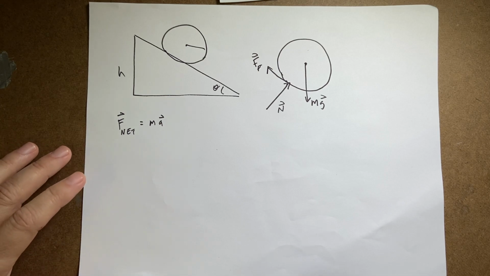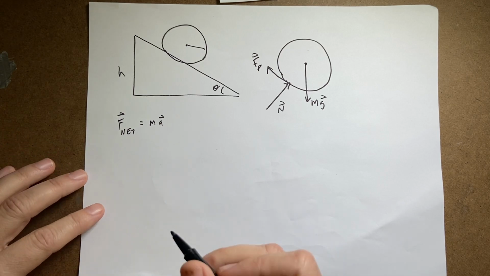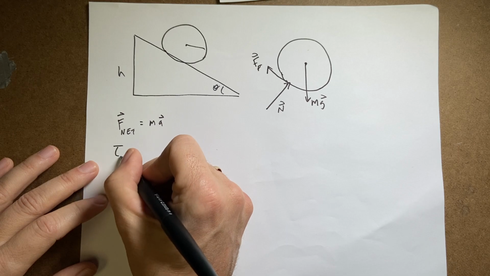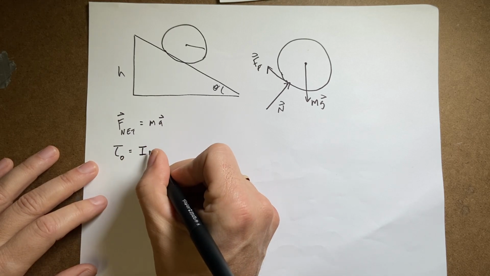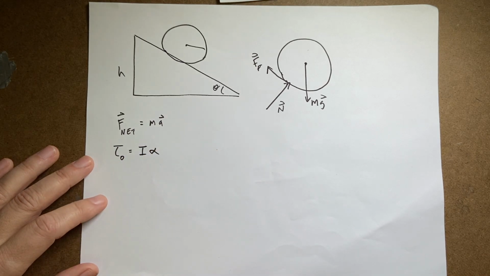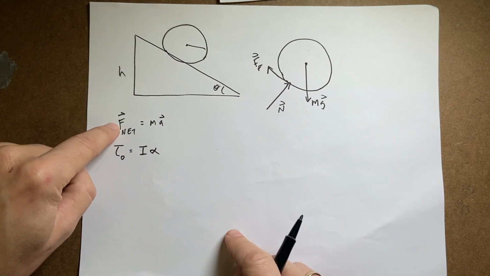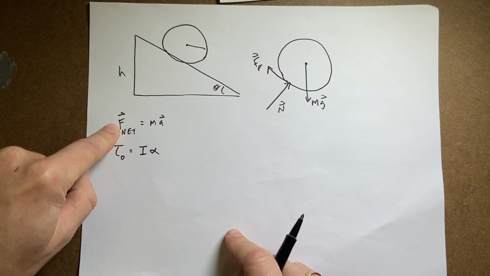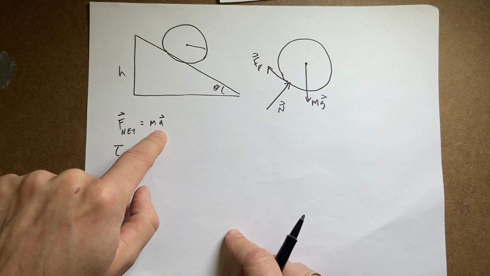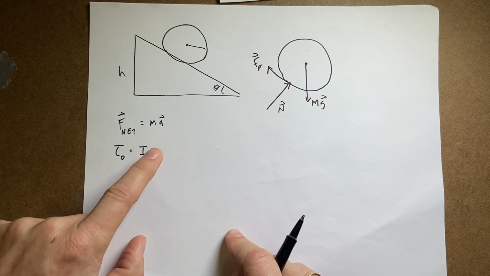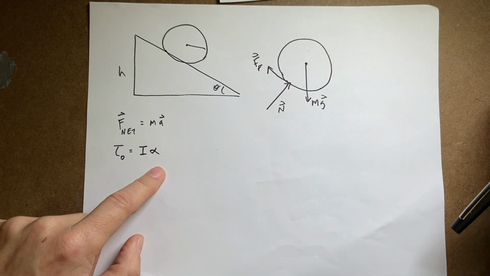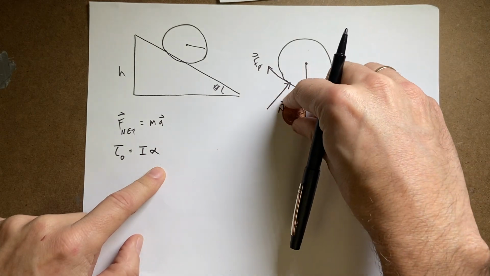Technically you could write it as a vector, but I'm going to say the torque about some point is equal to I times alpha. The forces have to relate to the acceleration, and the torque has to be related to the angular acceleration. This is how fast the object changes its rotational velocity.